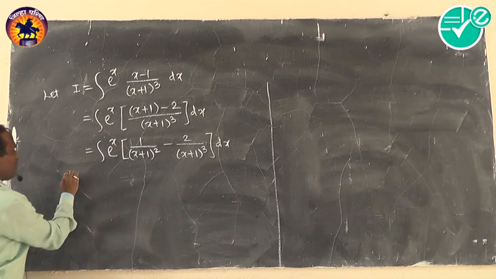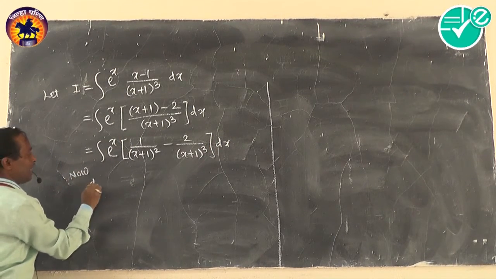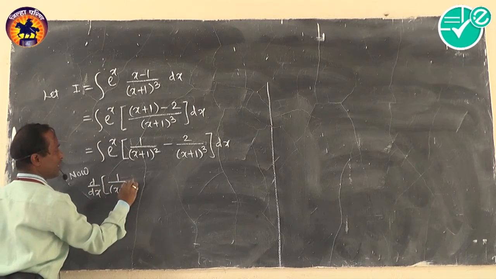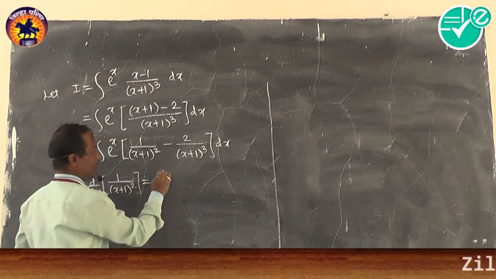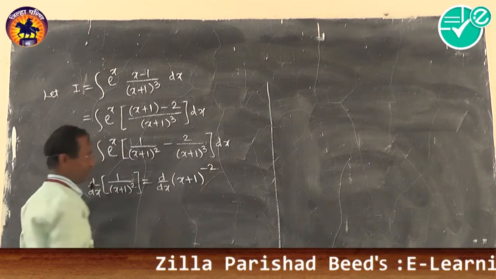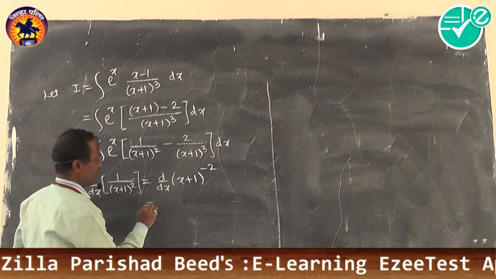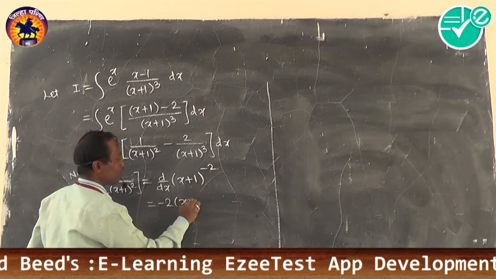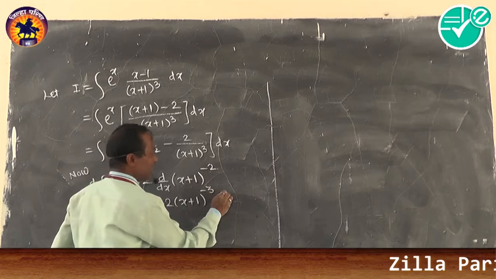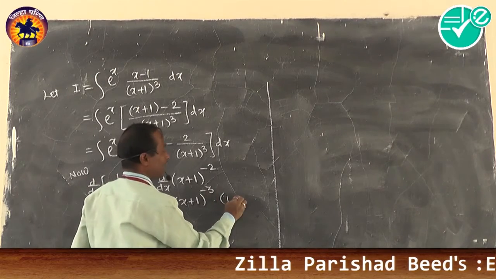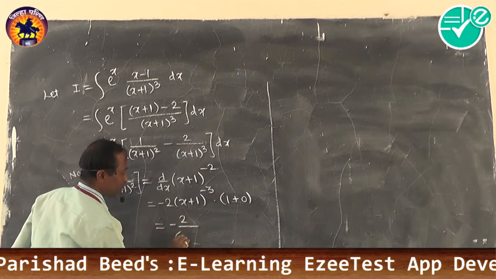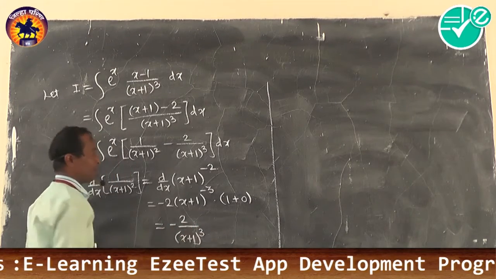Now the derivative of the first function, d by dx of 1 upon (x plus 1) whole square, is equal to d by dx of (x plus 1) raised to minus 2, and the derivative of this function is minus 2 into (x plus 1) raised to minus 3 into the derivative of x plus 1, where the derivative of x is 1 and the derivative of 1 is 0.